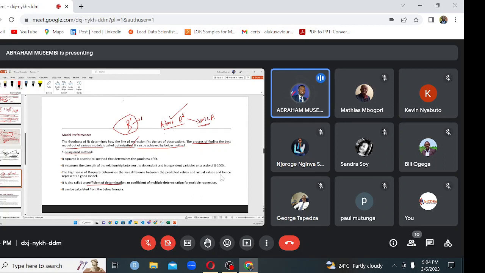Then, what is R squared? R squared is a statistical method to determine the goodness of fit. Of course, if we get the best goodness of fit, then it means we have a good model.